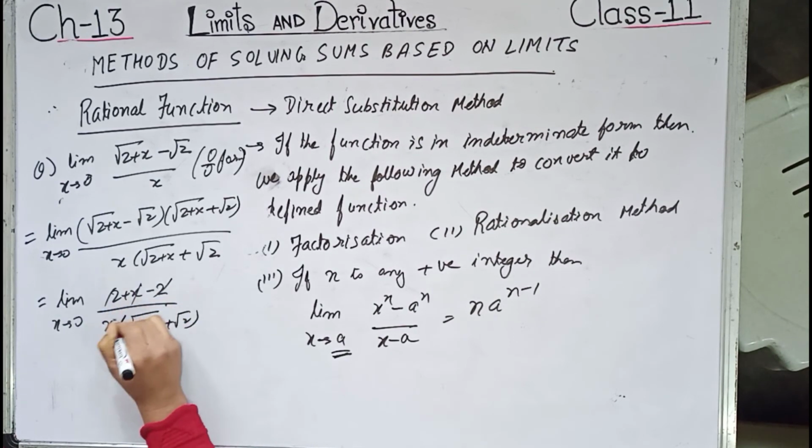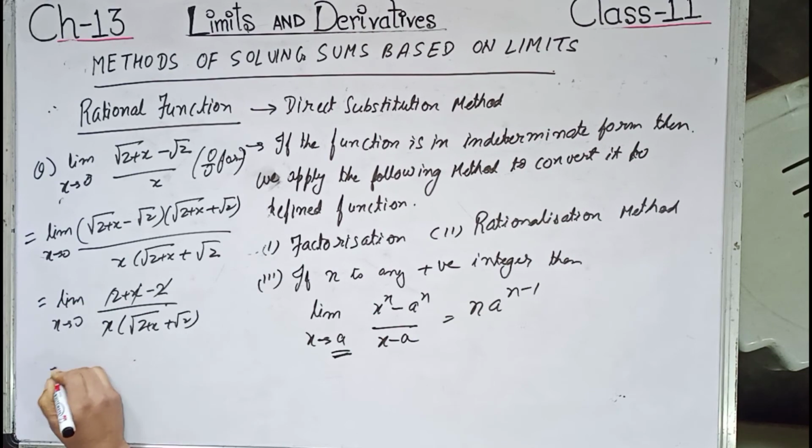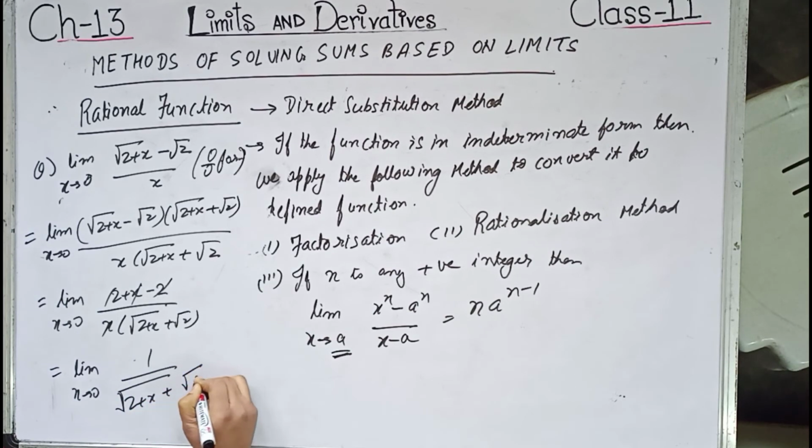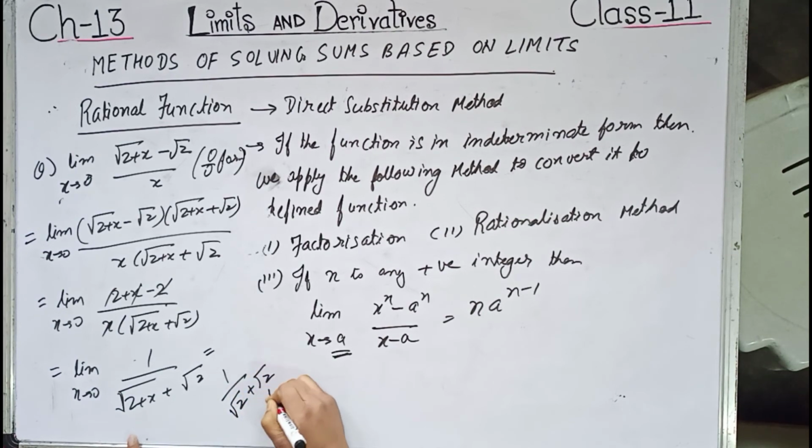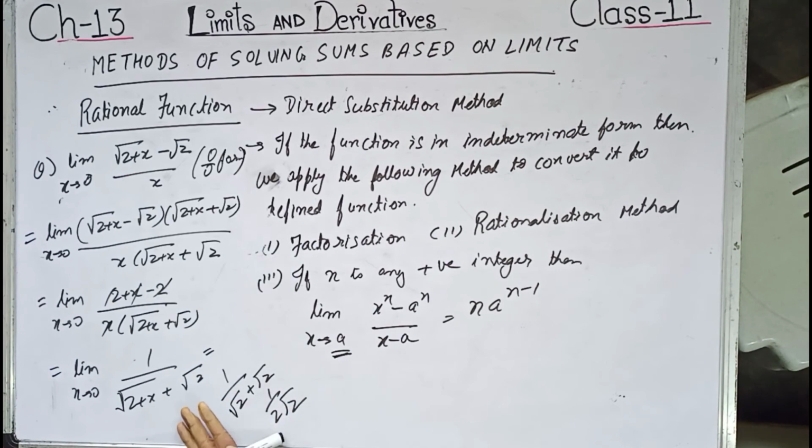So this 2 and x will be cancelled. We'll be getting limit x tending to 0 of 1 by (under root 2 plus x plus root 2). Now this indeterminate form has come to a defined form. Now put the value. So this will be equal to 1 by (root 2 plus root 2), equal to 1 by 2 root 2. By direct substitution over here we got the value.